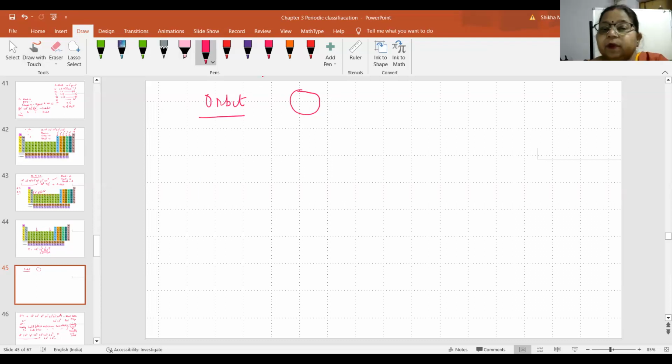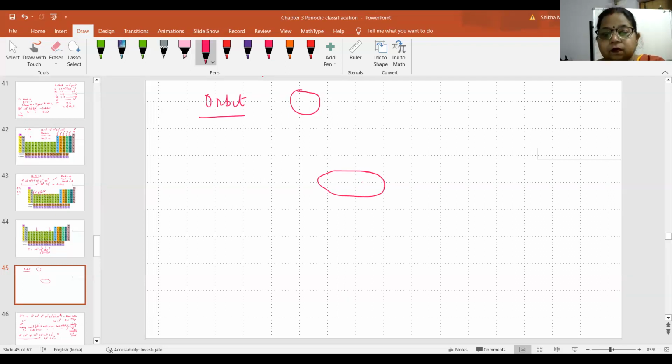We believe orbits are not spherical, but still we draw them spherical because it is convenient to draw. Please put it in your mind. It is convenient to draw, therefore we still continue to draw them in a spherical manner, but they need to be made as elliptical. Again, my drawing may not be very good, but please try to understand what I'm trying to say.